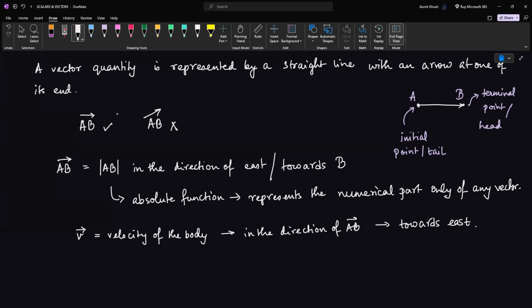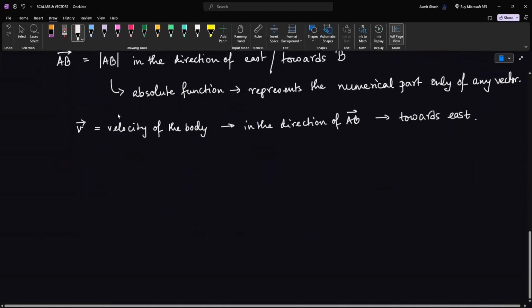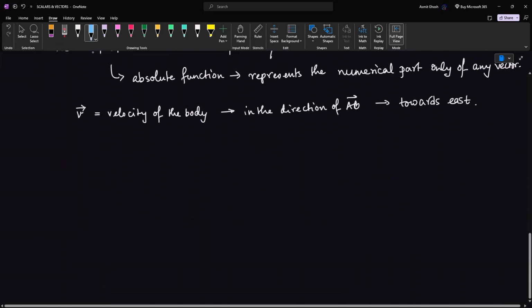Okay, so now what we are going to discuss is about equal vectors.